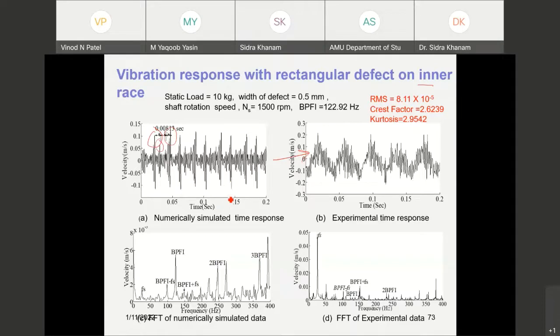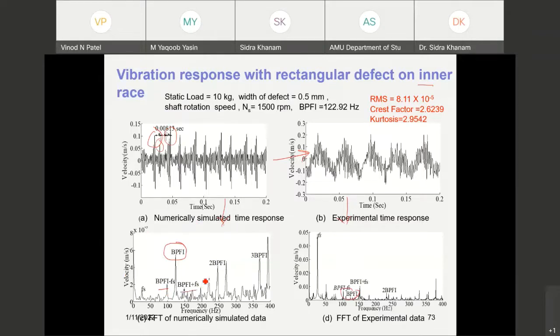When we convert the numerical response and the experimental response into frequency response, we can find the ball pass frequency of the outer race. In both cases, the amplitudes were almost nearer to each other. So the numerical values for frequency as well as amplitude were verified; both were almost the same, and the frequency responses were also the same.